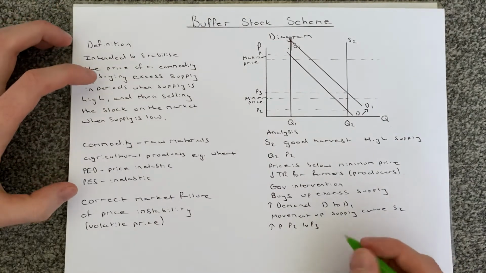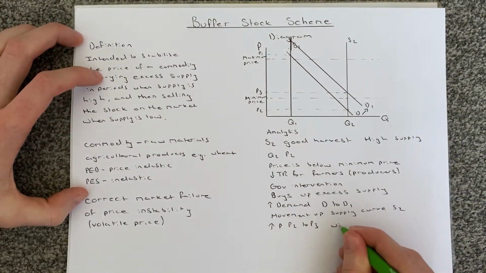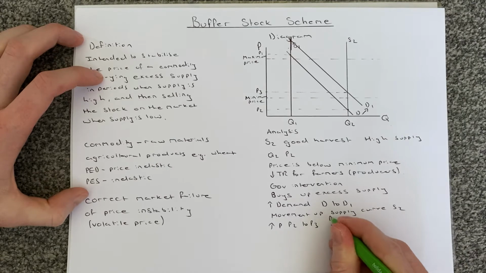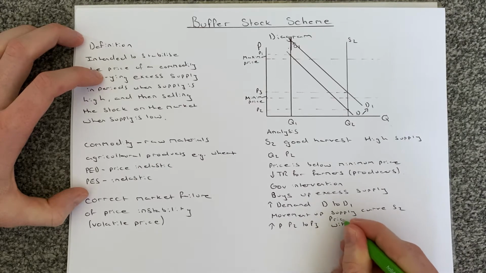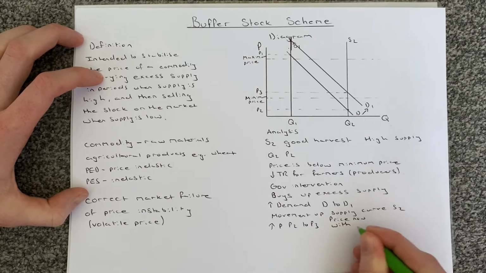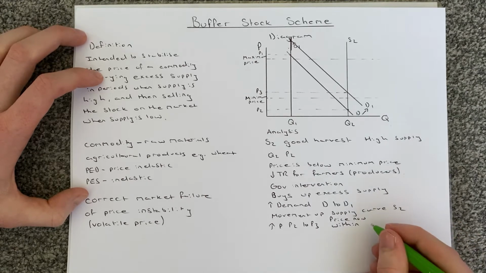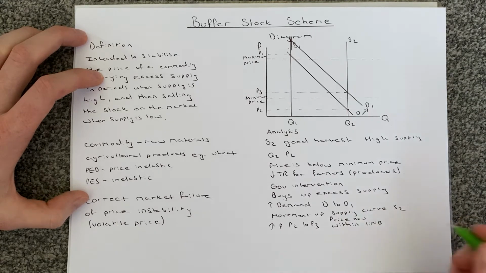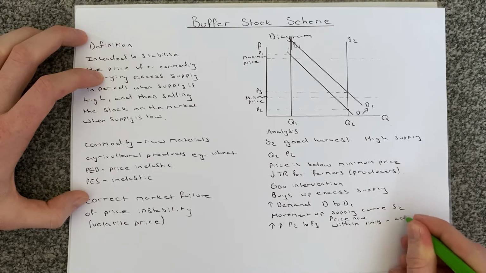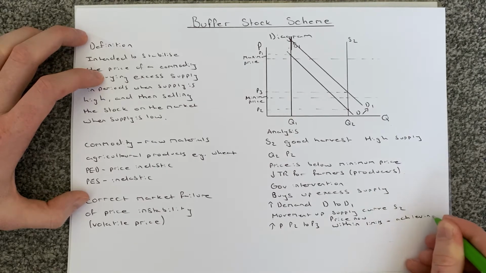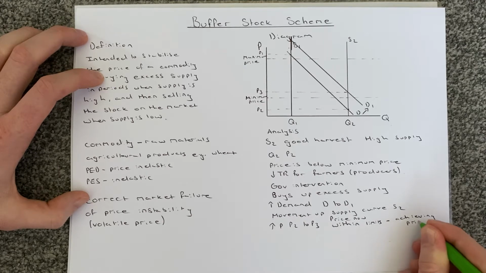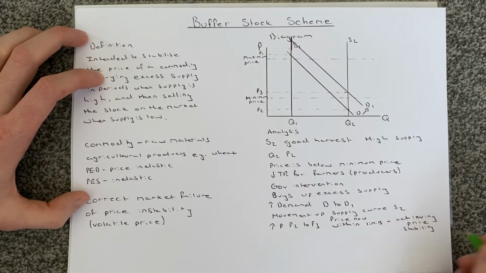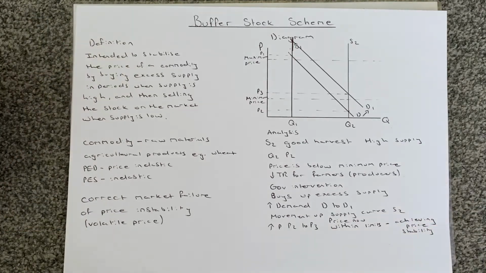Increased price from P2 to P3, so the price is now within limits, and therefore achieving price stability.